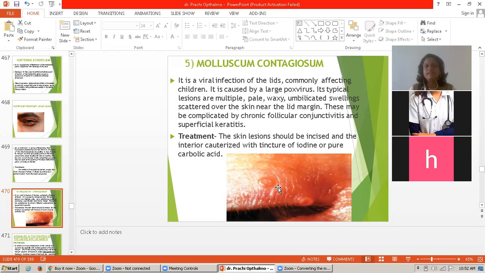So, molluscum contagiosum is a viral infection of the lid commonly affecting children, with multiple pale, waxy, umbilicated swellings scattered over the skin near the lid margin, and these may be complicated by chronic follicular conjunctivitis and superficial keratitis. Treatment is that the skin region should be incised and the interior cauterized with tincture of iodine or pure carbolic acid.